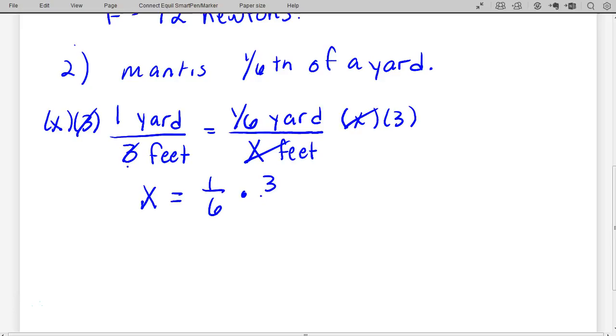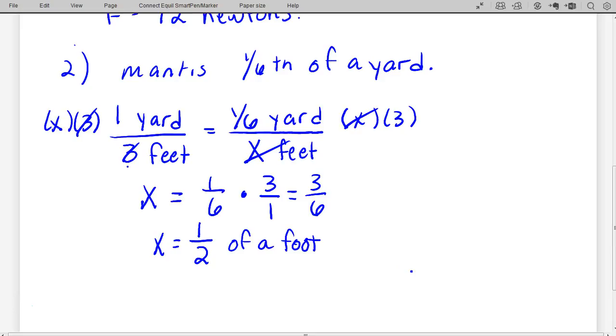I can change 3 into a fraction by putting a 1 on the denominator. And then we multiply this out. It's 3/6, which is just the same as 1/2. So X equals 1/2 of a foot.